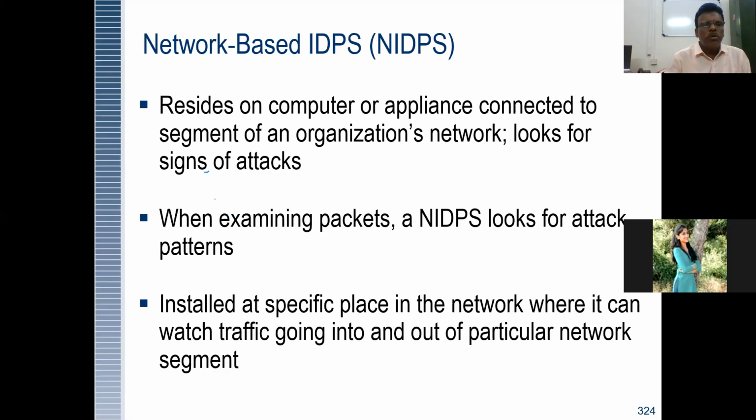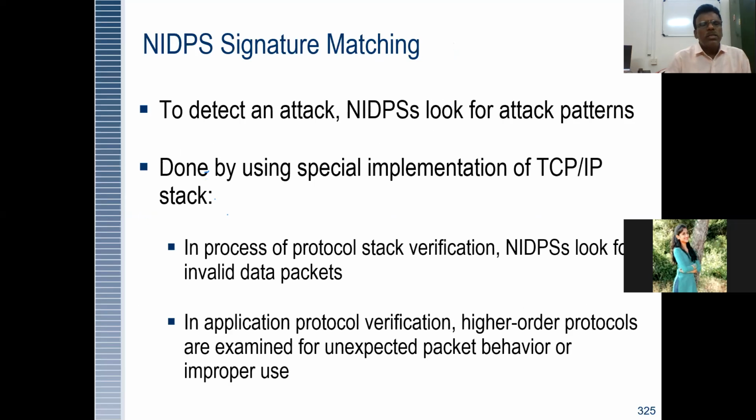It is installed at a specific place in a network where it can watch traffic going in and find out when it happens, at what level, and what sort of processing takes place, so how it interacts with the next level of a network segment. All this we can identify easily through the network-based IDPS.